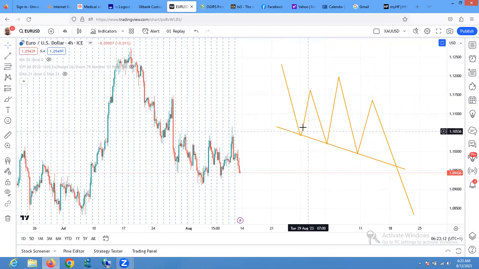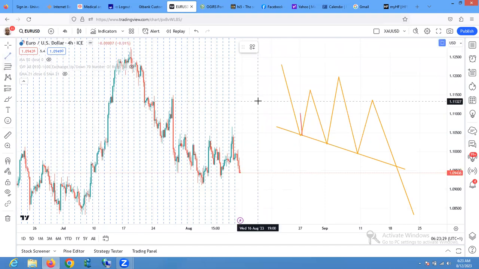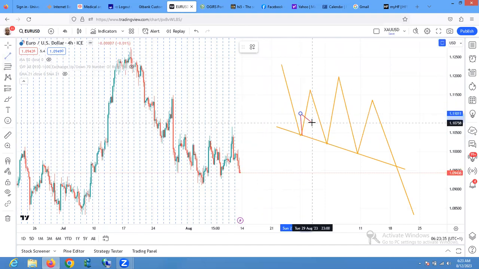But again, when you are looking at their internal architecture, a triangle could also form a triad like this. The first one can go like this, and we have the second wave that does this, and its third wave can do this, depending on the kind of time frame that you are looking at.